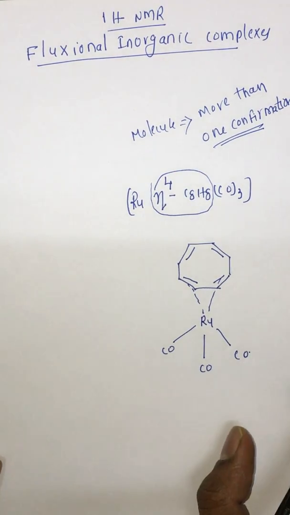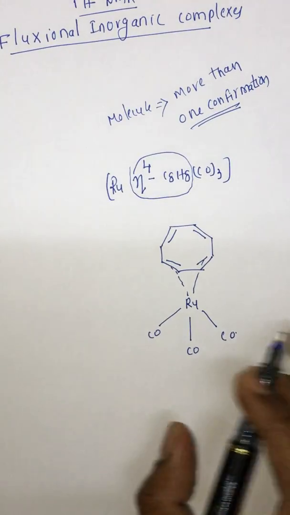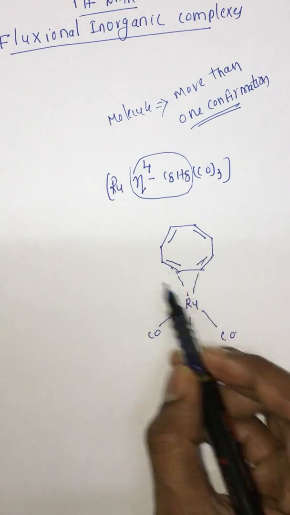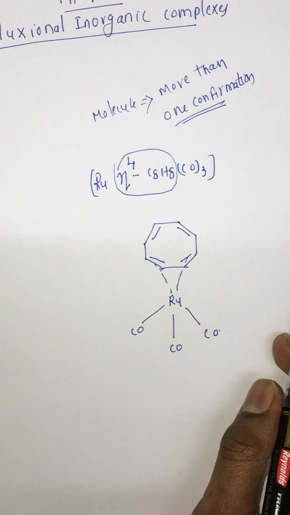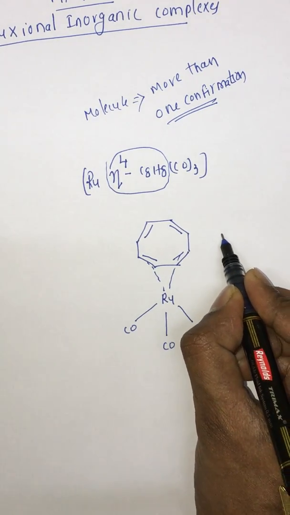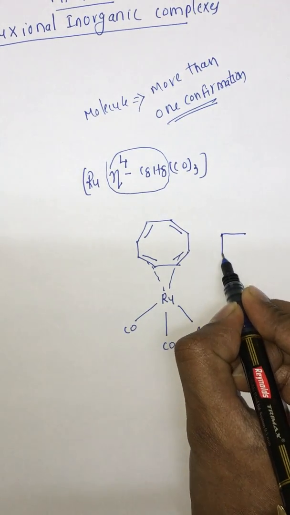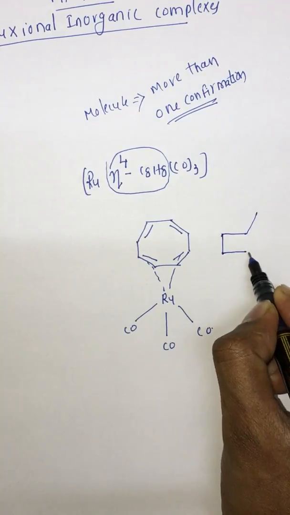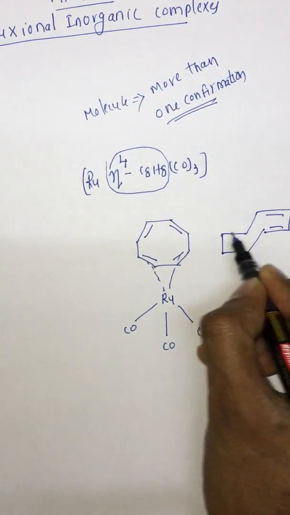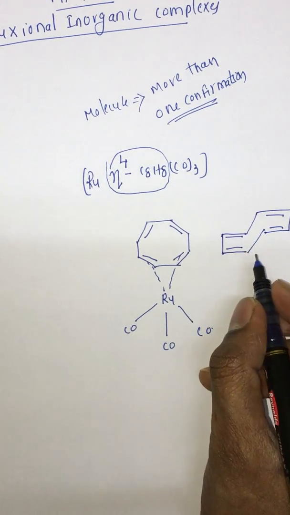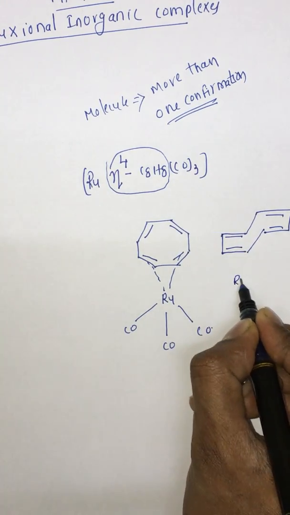In this form, it's very difficult to identify how many different types of protons we will get. So it's better to write it in another conformation. We can write this one like this also, and here we have ruthenium.